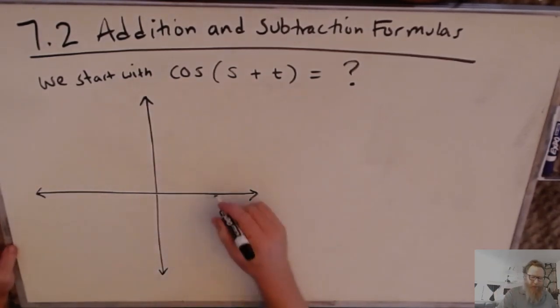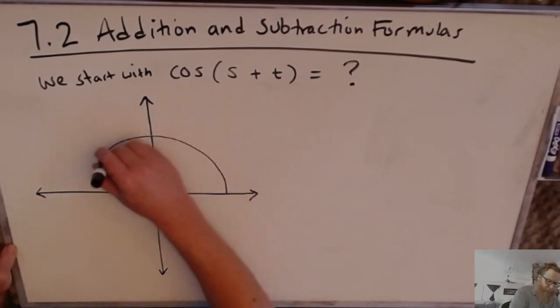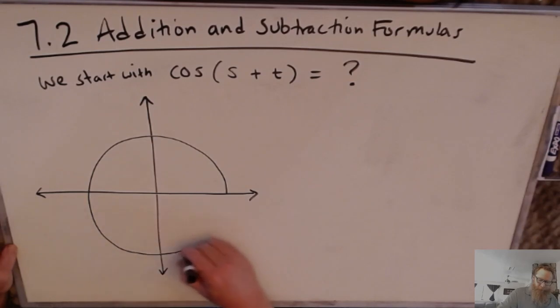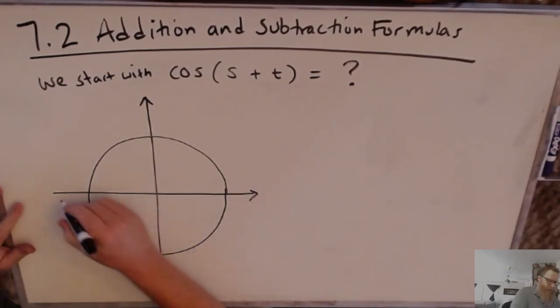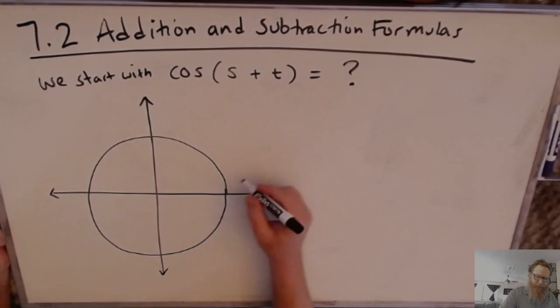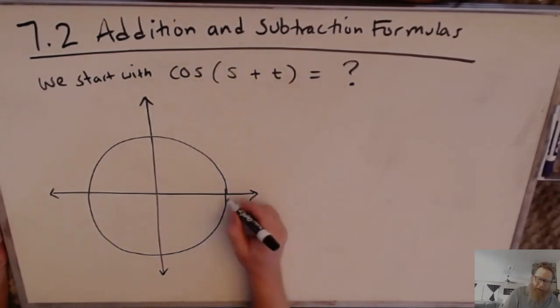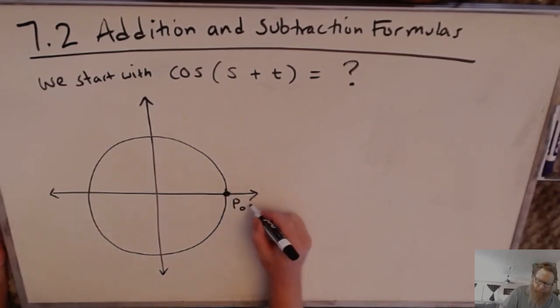So all of this exists on the unit circle. It's not the best circle, but it'll do for practical purposes. And S and T are angles starting right here at this initial point called P0. Yeah, P0 is the point 1, 0.